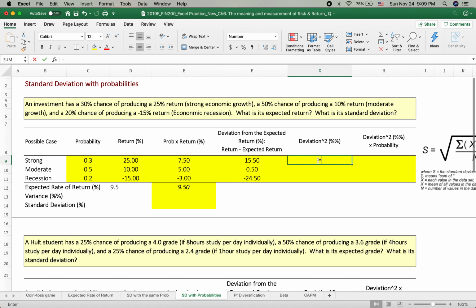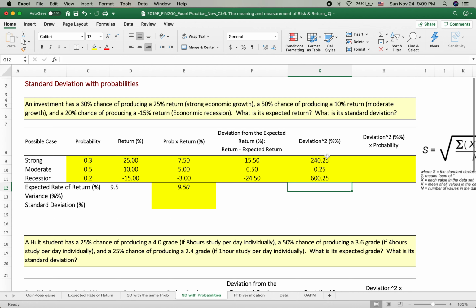Then the next process is we square the deviation, raising it to the power of 2. Why? Because by doing so, we can get rid of the negative sign, because distance doesn't have a negative.